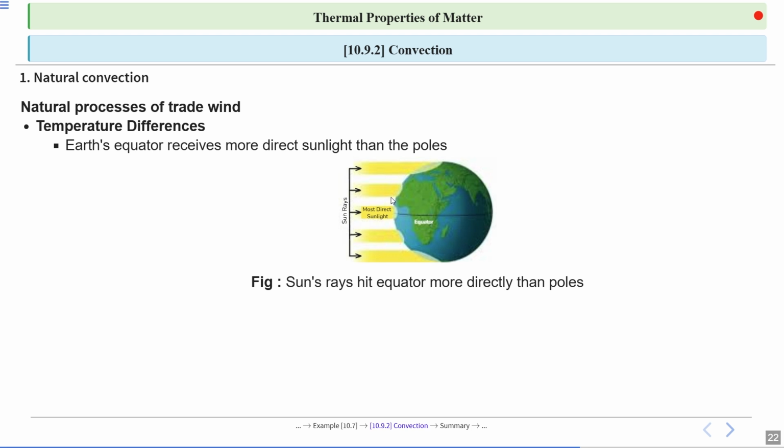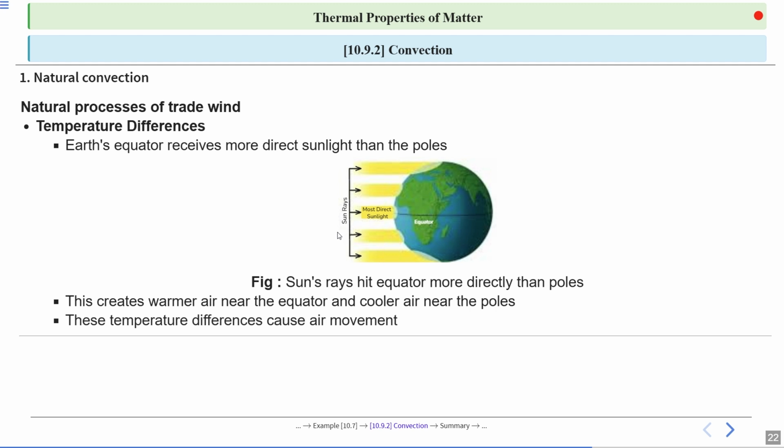This hot air becomes lighter and rises. This creates warmer air near the equator and cooler air near the poles, and these temperature differences cause air movement.